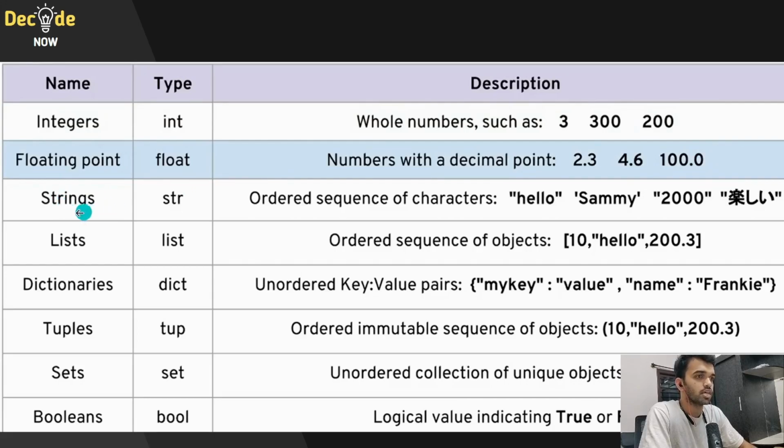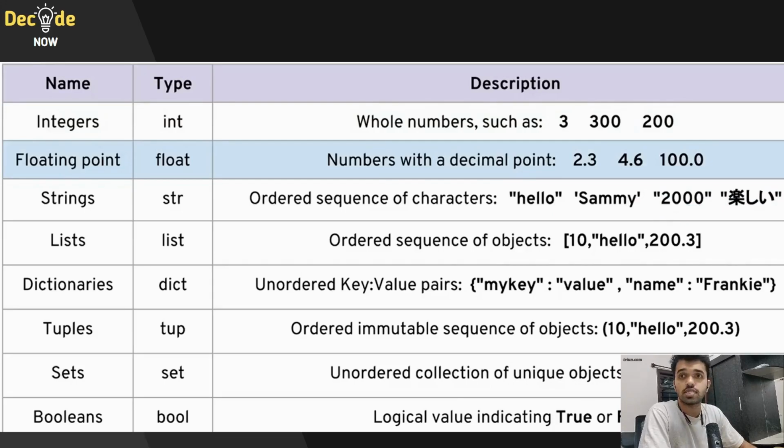Next, we have strings, and the short keyword is str. Strings are basically an ordered sequence of characters. So they are words. If you look on the right hand side, there are a few examples: there is hello, there is Sammy, and there is a bunch of Japanese characters. One interesting thing you can see in the examples is we also have 2000.